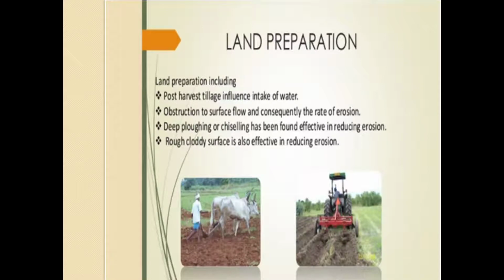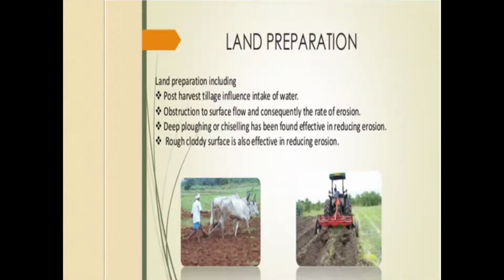Then deep plowing or chiseling has been found effective in reducing soil erosion. Mostly under land preparation, deep plowing or chisel plowing plays a very important role in reducing soil erosion as well as water erosion. Then a rough cloddy surface is also effective in reducing soil erosion.